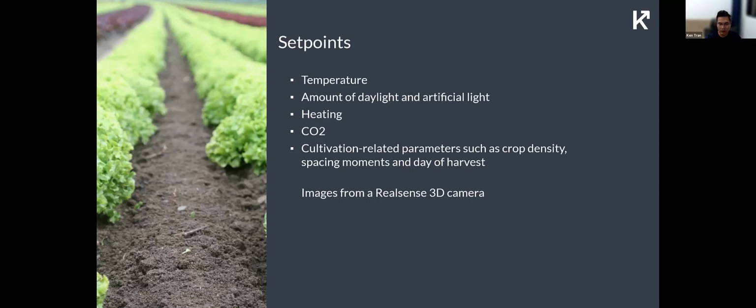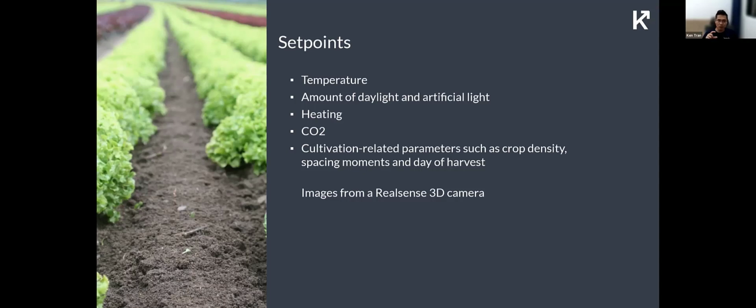So during that growing cycle, in order to facilitate fully automated growing, we used some interesting novel sensors, such as the RealSense depth camera. The depth camera allows us to see not just the crop in RGB, but also the depth.